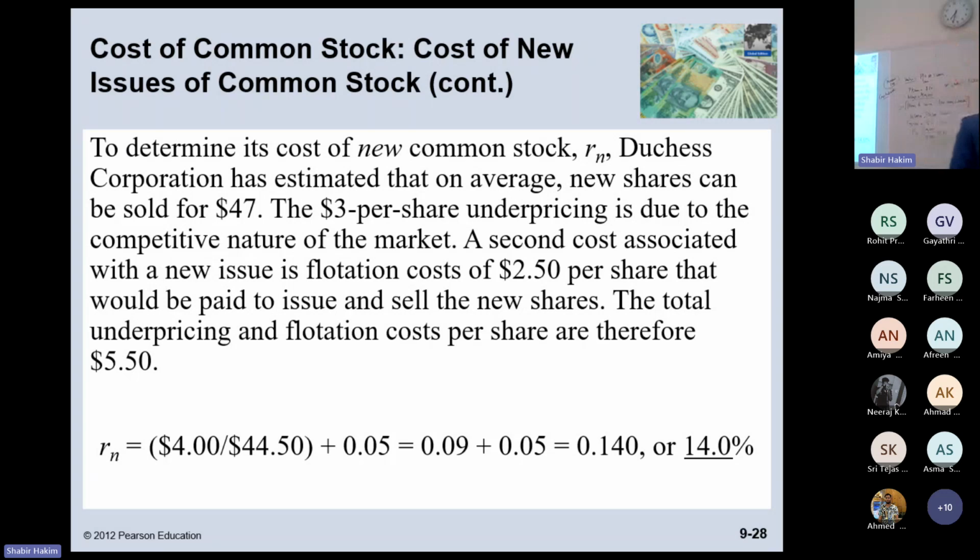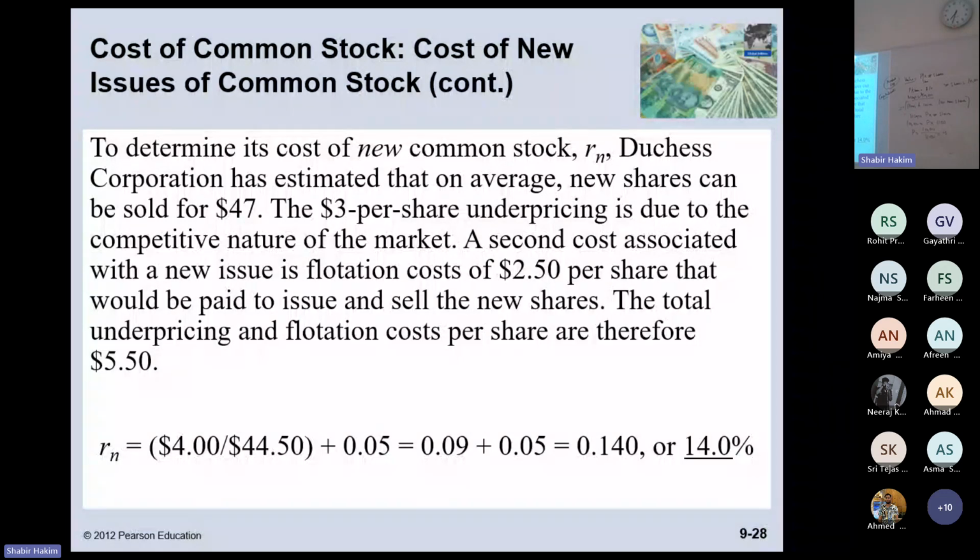Here is an example. We said to determine its cost of new common stock Rn, Dutchess Corporation estimates that on average, new shares can be sold for $47. Remember, it was initially selling for 50, right? When we talked about the valuation of the economics, we saw that the market price was $50 per share.